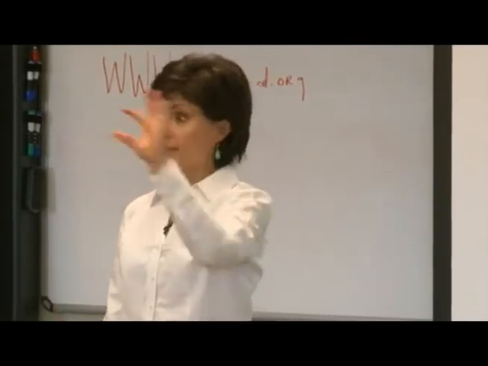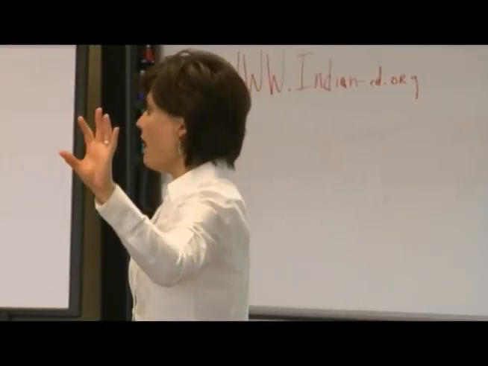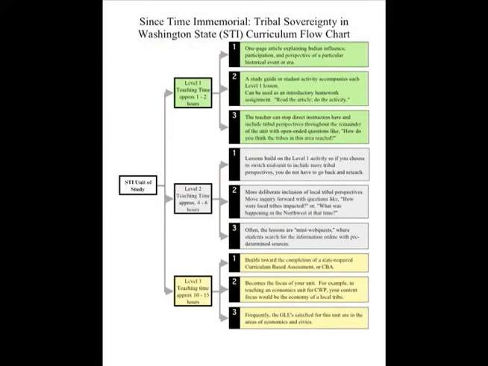Okay. A better way to explain how it works is the handout that you have, the one-page handout that is the flow chart of the STI curriculum. The flow chart talks about your unit of study, and then your menu of level 1, 2, or 3. And then we go into a little more description about what comprises a level 1, a level 2, and a level 3. And so the level 1 has the same format for all.